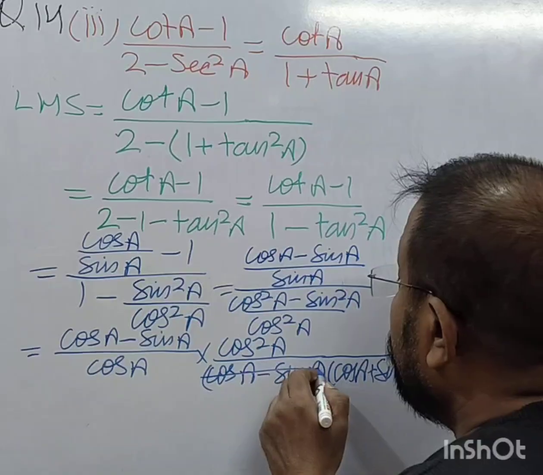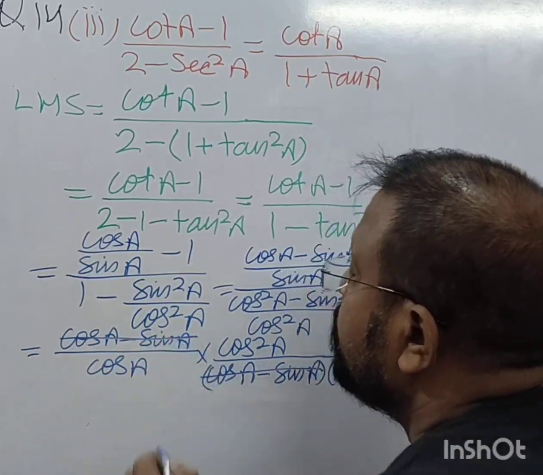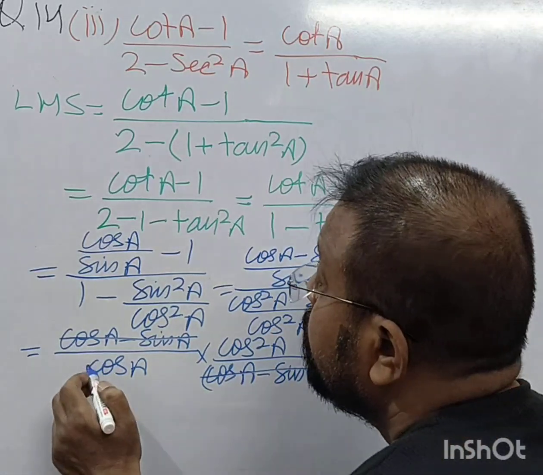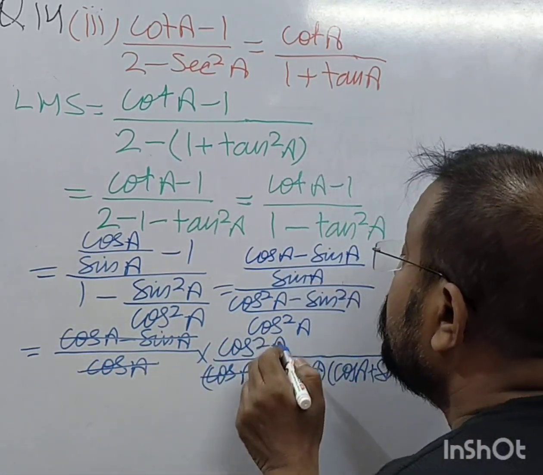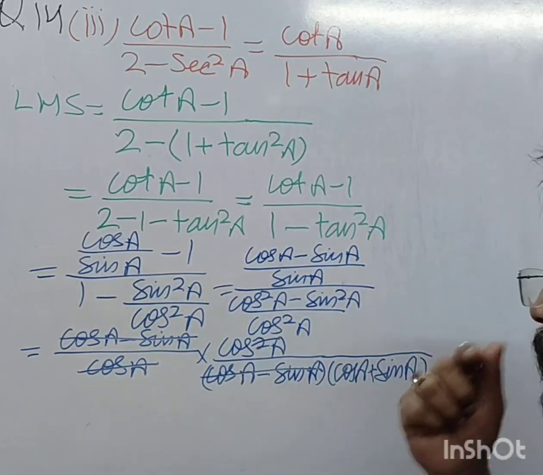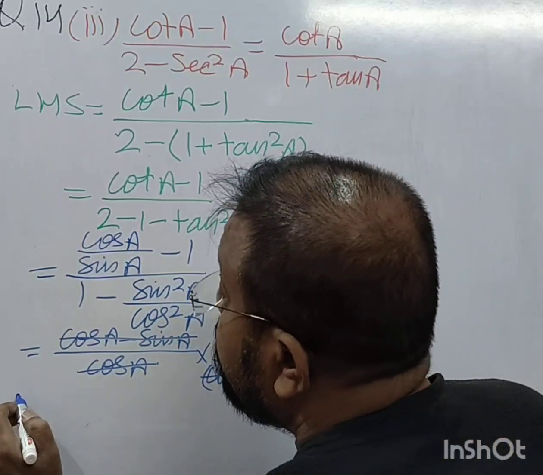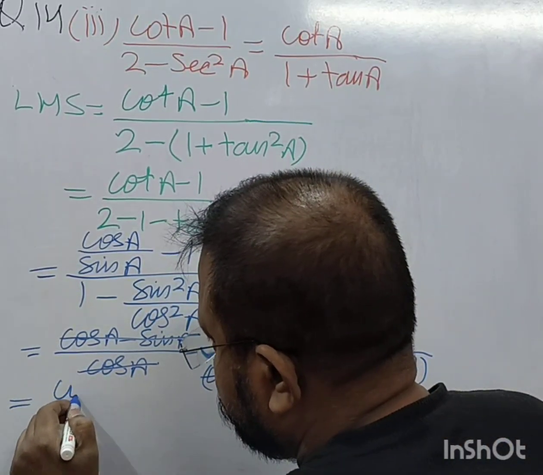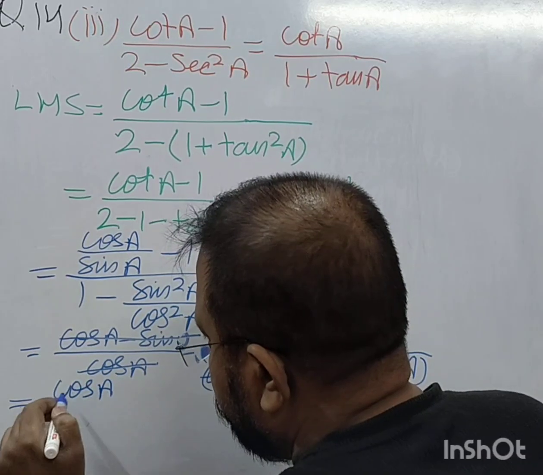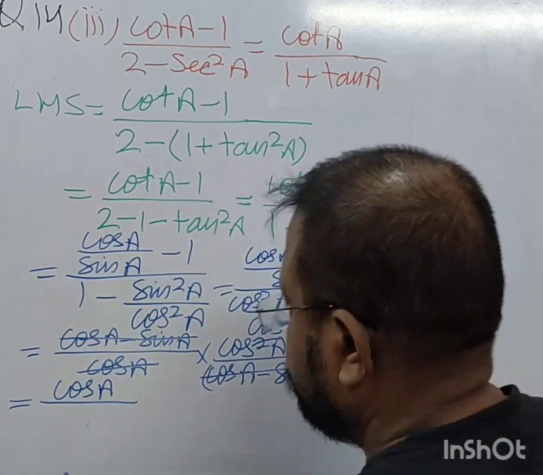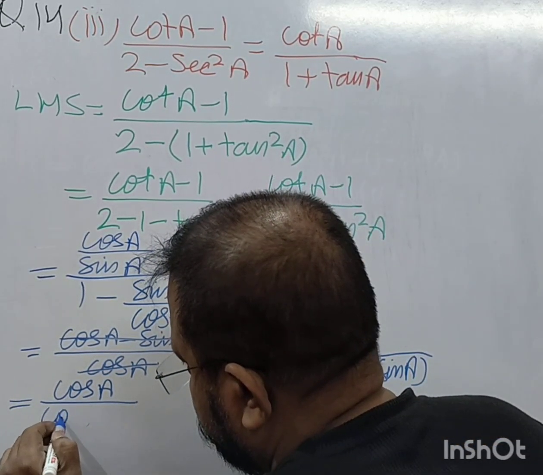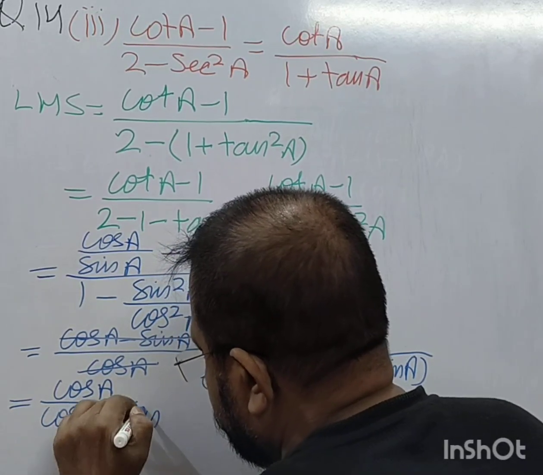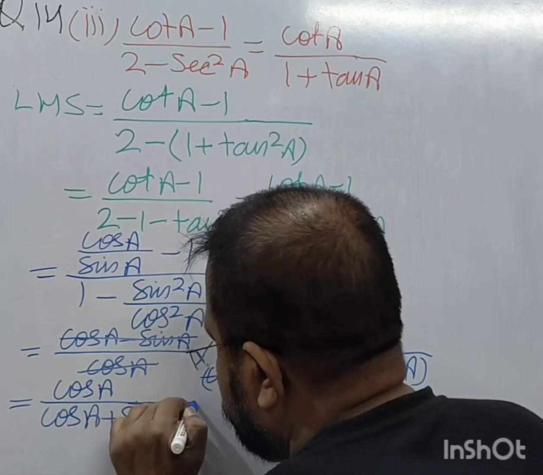So cos A minus sin A, cos A minus sin A is cancelled out, and this cos A is gone to this. So what you get finally is cos A upon cos A plus sin A.